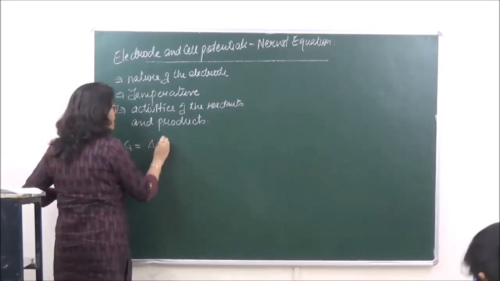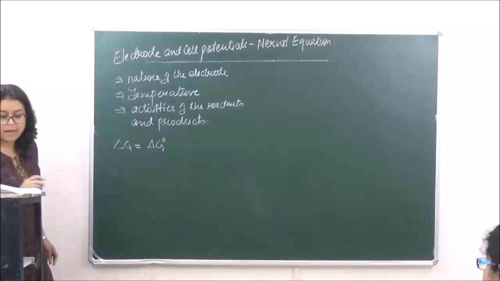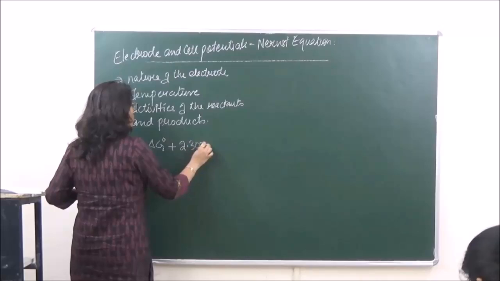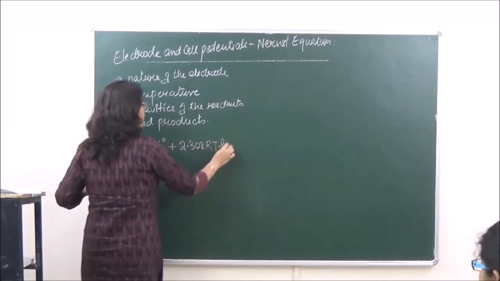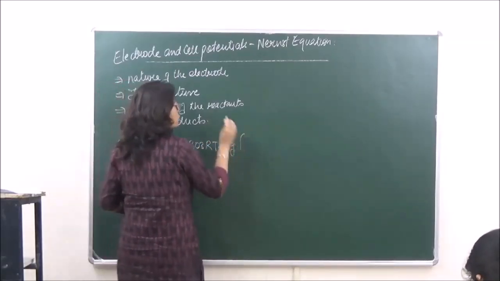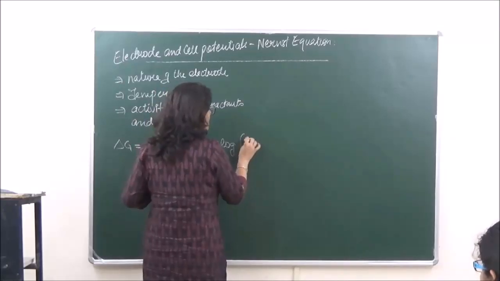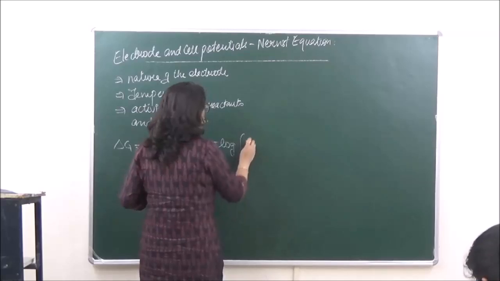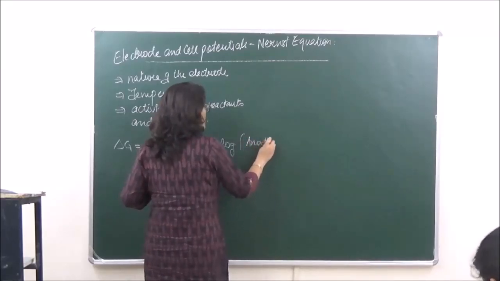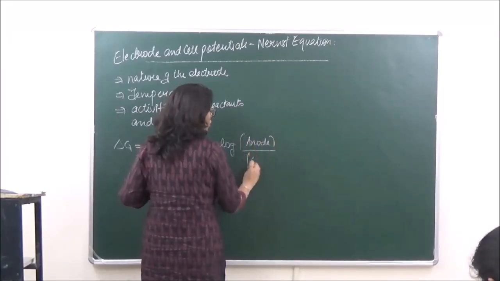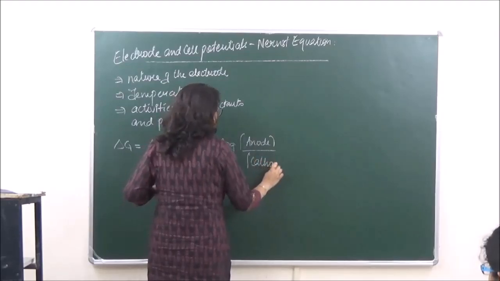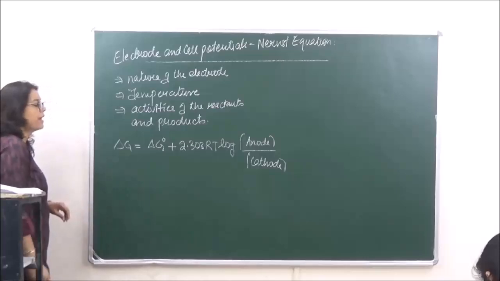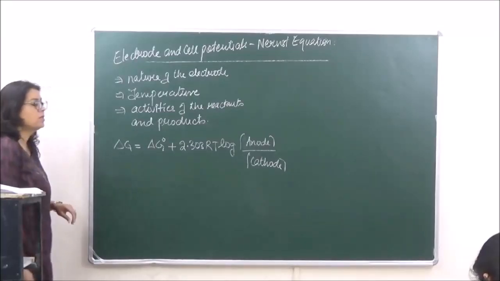equal to delta G naught plus 2.303 RT log of concentration of products, or you can say log of anode upon cathode. Concentration of the anode upon concentration of the cathode.